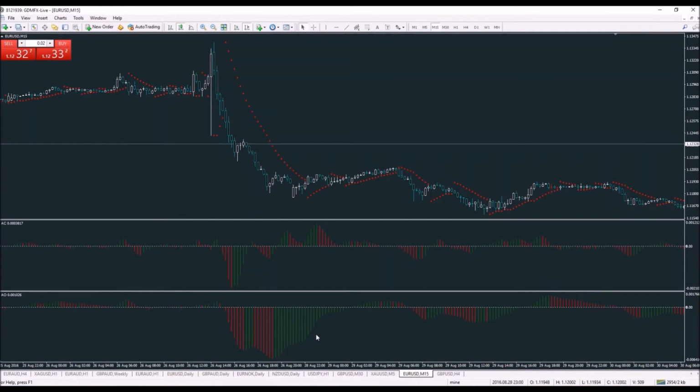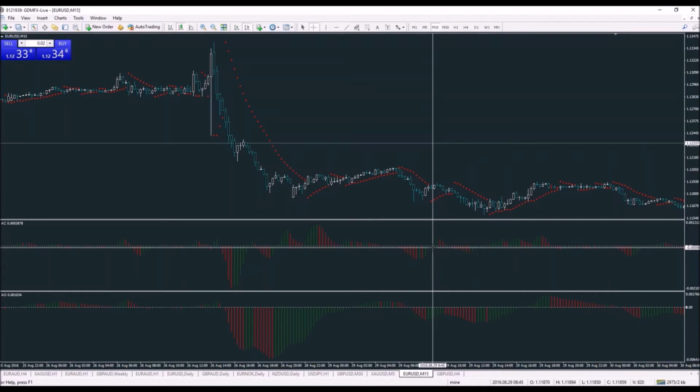Also, as you can see, this one is not giving us a very good opportunity to exit as well, because of the bars. They're changing colors pretty much. It's much better to look at the parabolic when it comes to stop losses and profit taking.